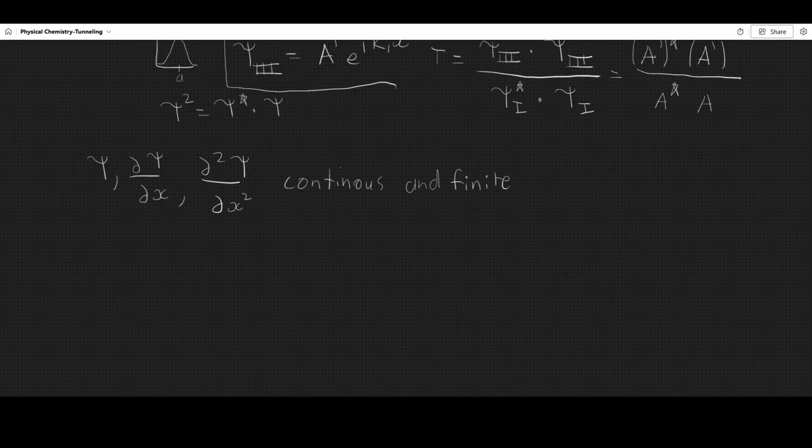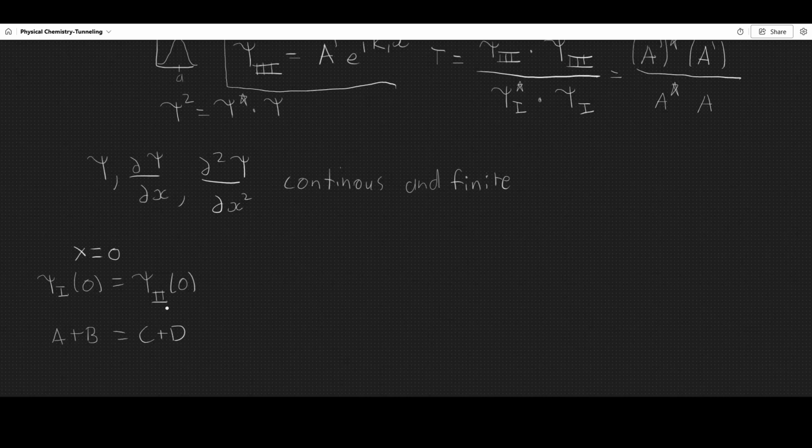At x equals 0, psi 1 of 0 is equivalent to psi 2 of 0. What does that mean? That means that a plus b equals c plus d. Okay, perfect.